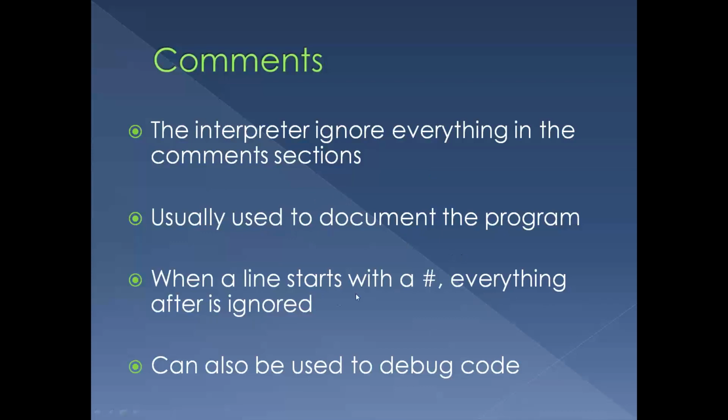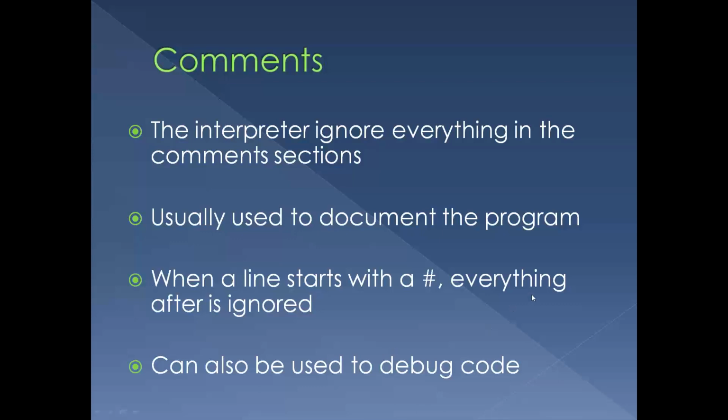It's usually used to document the program. When a line starts with a pound, everything after it's ignored. Can also be used to debug code. So the point here is that sometimes if you're throwing an error in a particular line, you can simply comment out the line and see what happens. See if you take that line out, what happens.